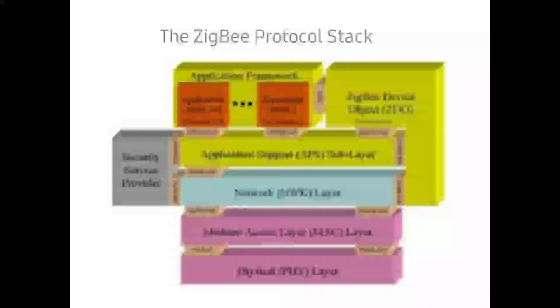Security service provider. It provides security mechanisms for layers that use encryption. Network layer. It enables network addressing and routing by invoking actions in the MAC layer. Its tasks include starting the network, assigning the network address, adding and removing network devices, routing messages, applying security and implementing route discovery.